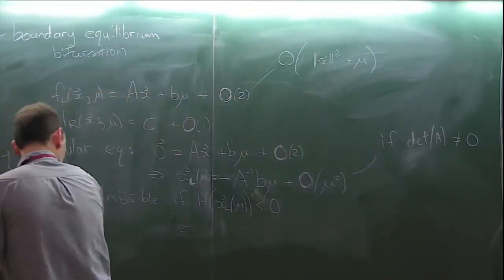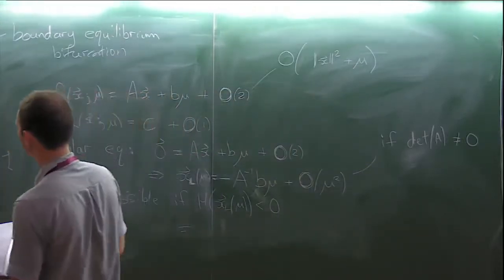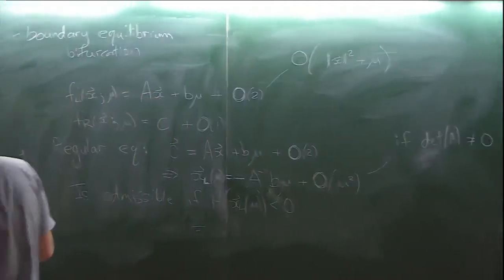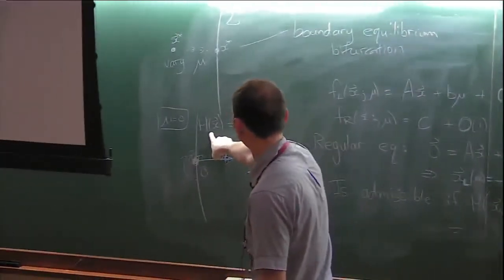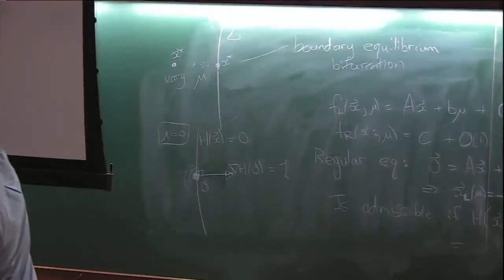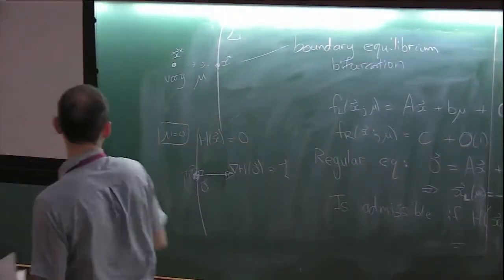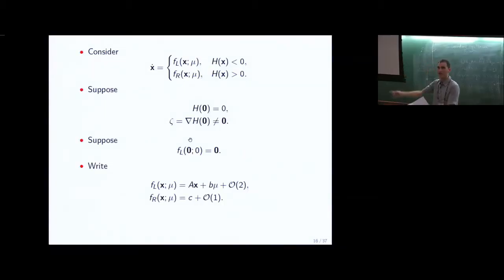What do we know about H? Well, we know that H at the origin is 0. So when I expand H in a Taylor series, I don't have a constant term.